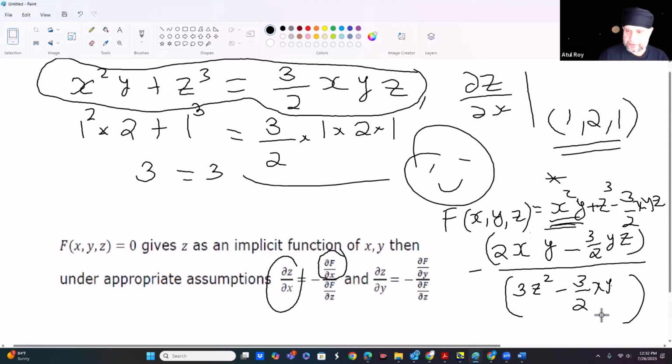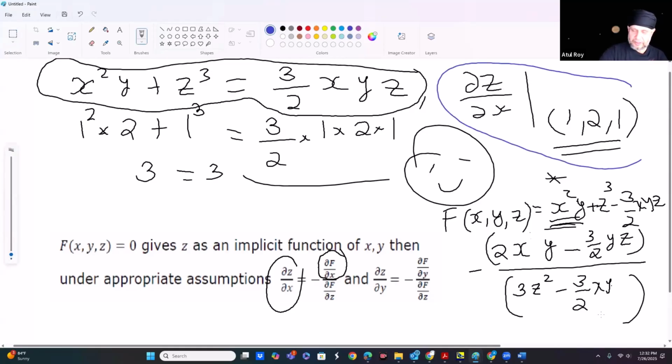Okay, thank you. So when we just go for this here, what we will get is negative 2xy. So y is 2, x is 1, so that will be simply 4.